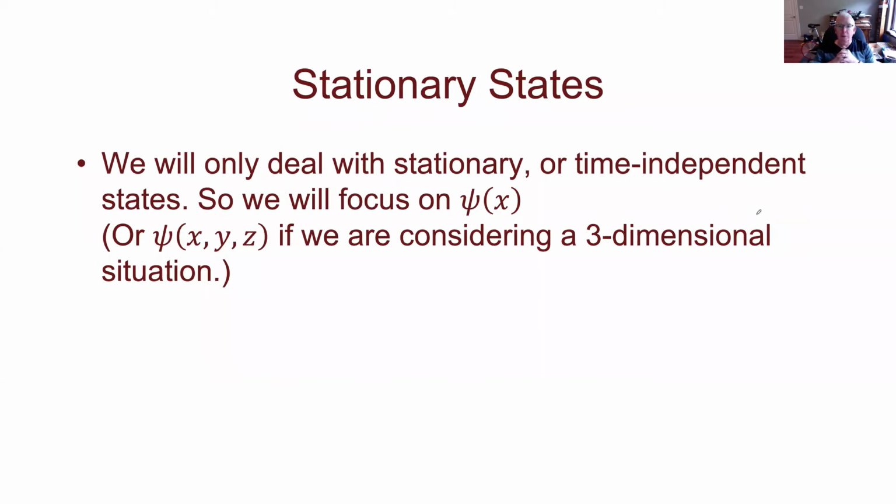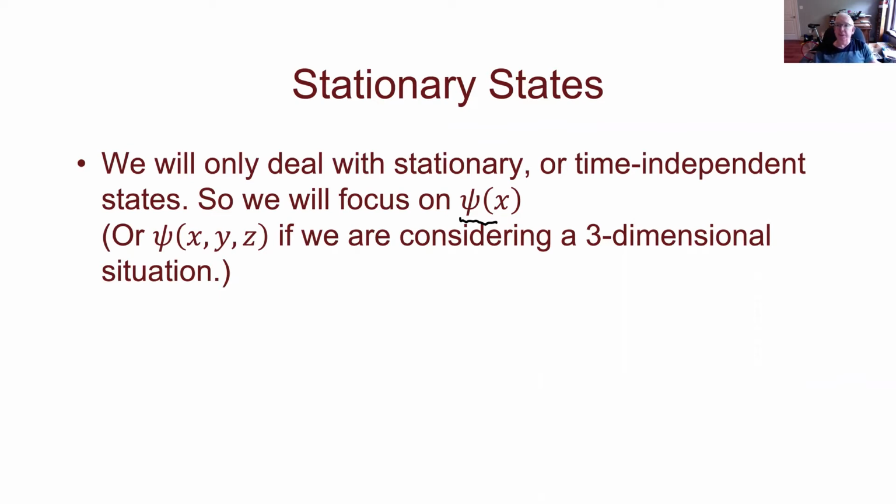So our wave functions will generally be depicted as written here, as this lowercase psi of x, or of x, y, and z if we go to a three-dimensional problem and are still working in Cartesian coordinates. Okay, so for whatever dimensionality of the problem, we'll have that many coordinates in our situation.